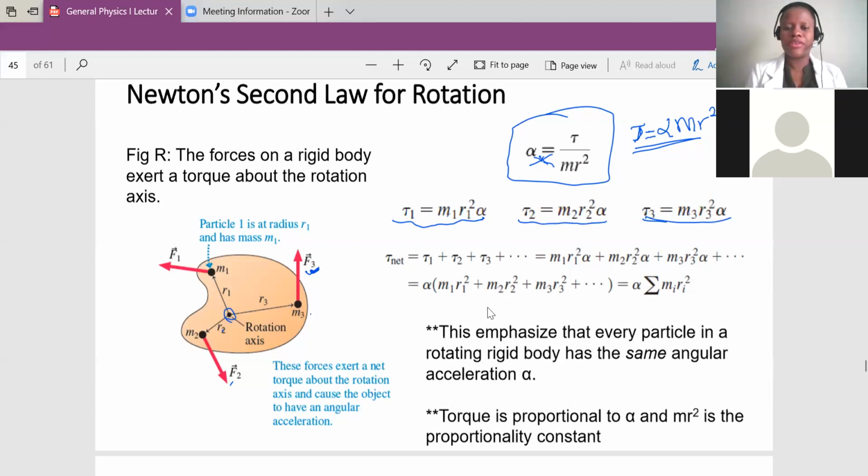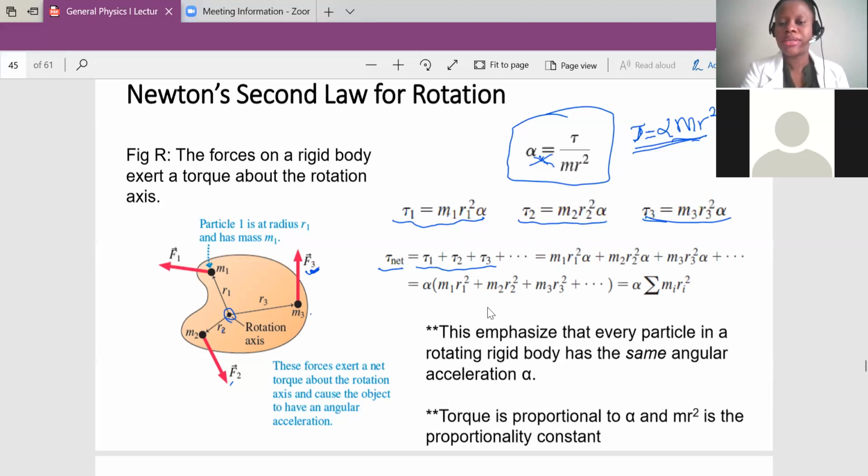So the net force will give us the net tau. When we talk about force as it relates to rotational motion, we are referring to torque, and the torque symbol is tau. All right, so the net torque is going to be equal to the summation of torque 1, 2, and 3, which is equal to the summation of angular acceleration, mass, and the distance squared.